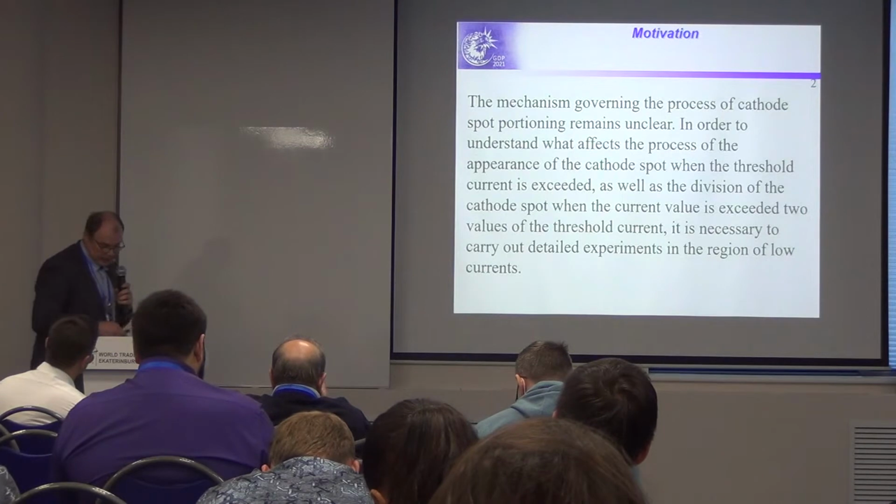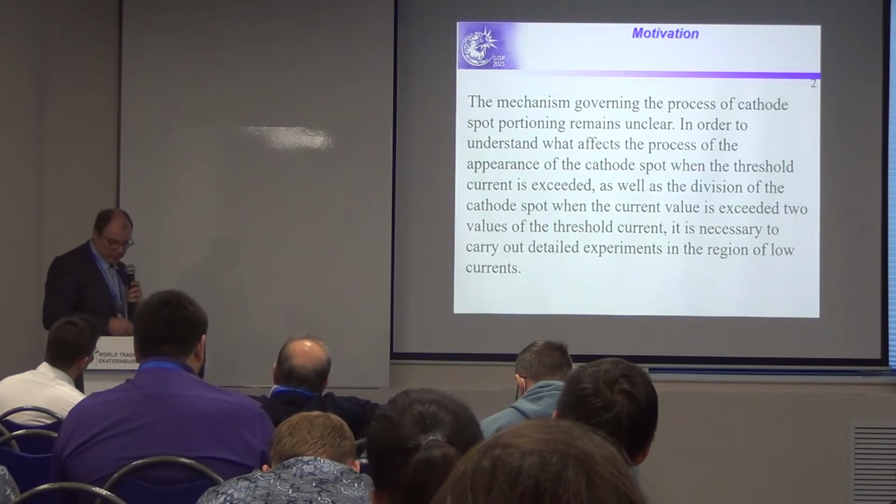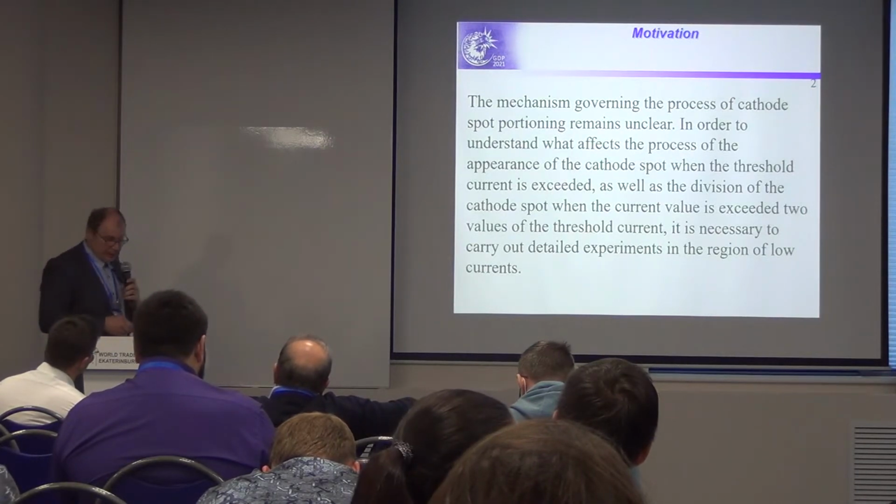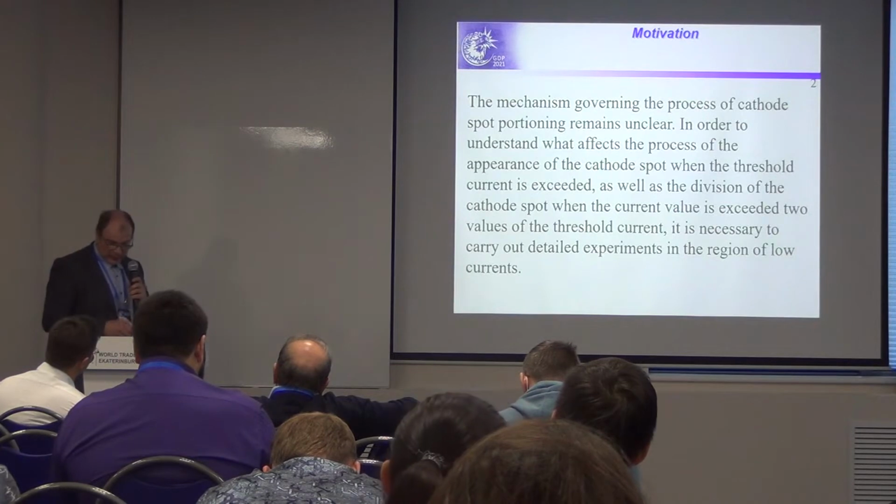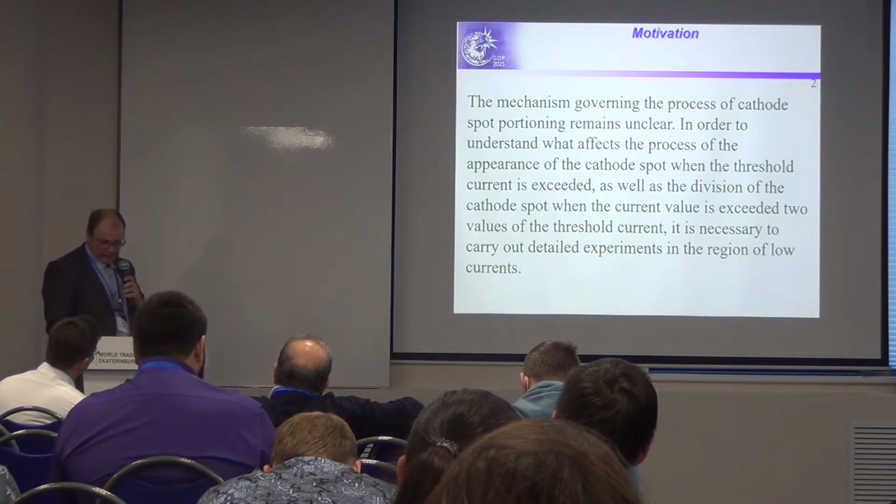Is there a correlation between the vacuum arc threshold current and the erosion in the cathode spot?